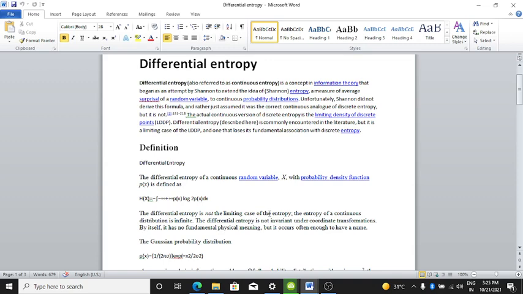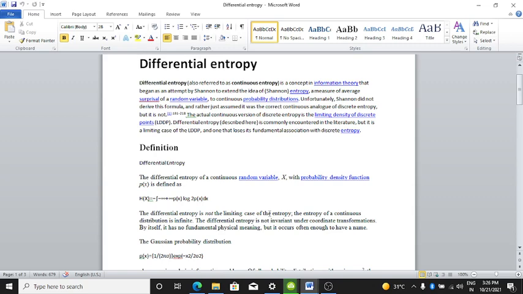But it is not. The actual continuous version of discrete entropy is the limiting density of discrete points, denoted by LDDP. Differential entropy is commonly encountered in the literature, but it is a limiting case of the LDDP and one that loses its fundamental association with discrete entropy.